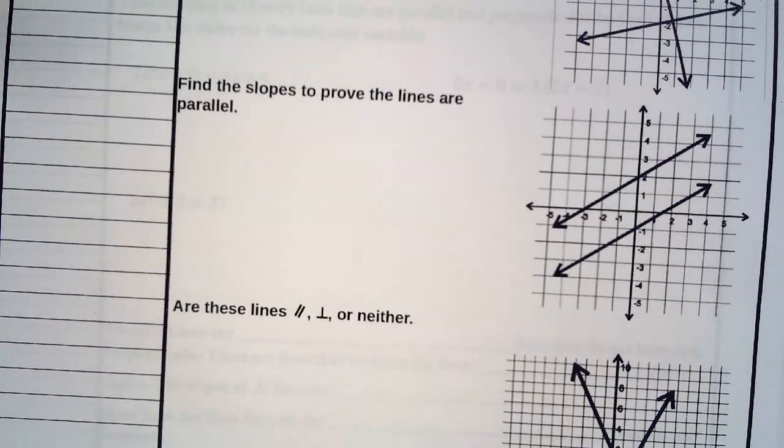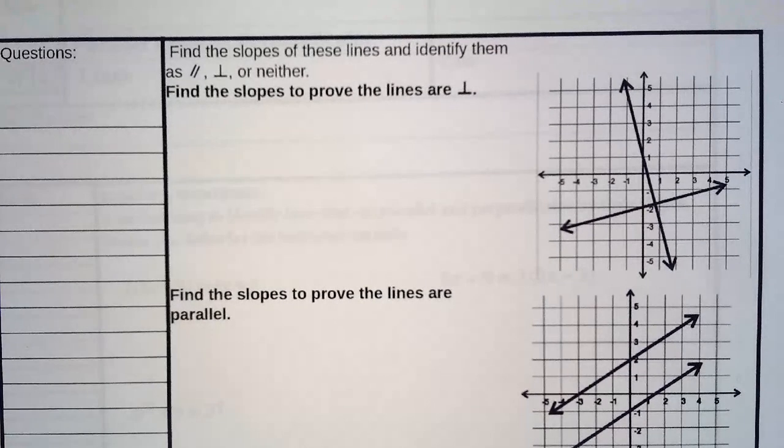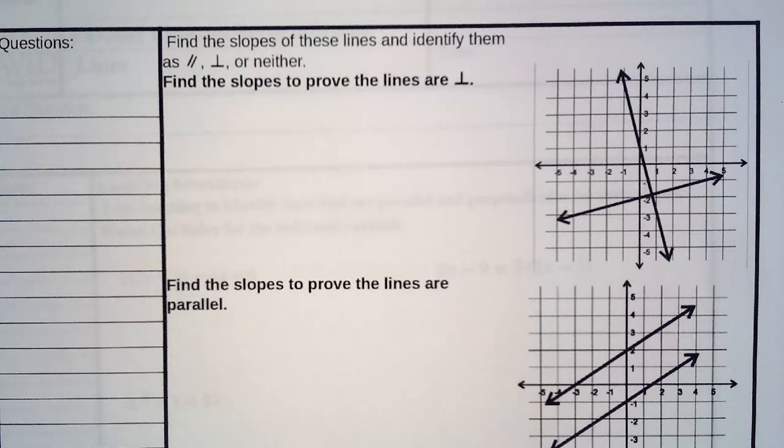Okay, so looking at this, find the slopes of the lines and identify them as parallel, perpendicular, or neither. So on the first one, we're going to find the slopes and prove that the lines are perpendicular.